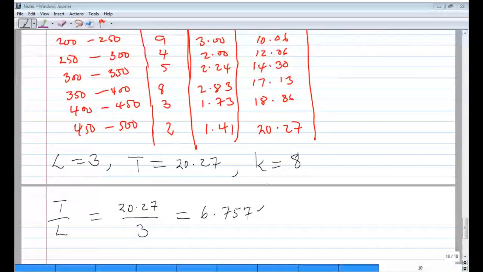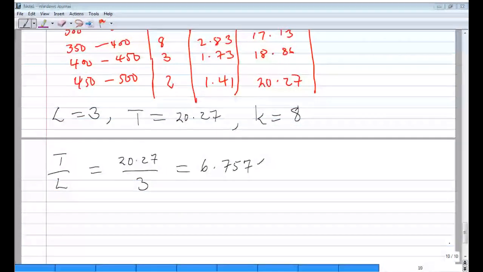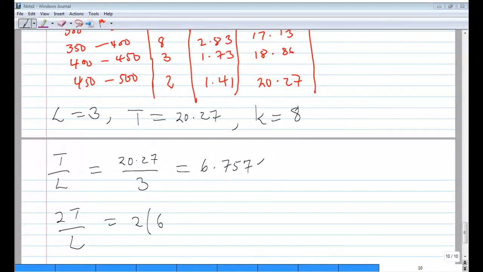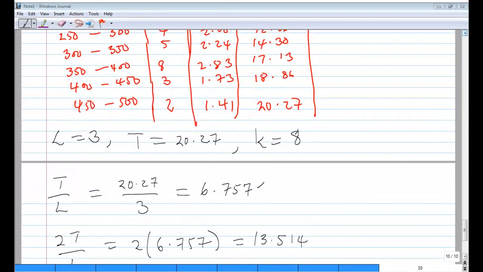Step number 2, you find 2 times the total, then divide by L. So in other words, it's 2 times what? 6.757, isn't it? And what is the value of that? 13.514. Okay. Go back to the interval, the value that is very close to it.